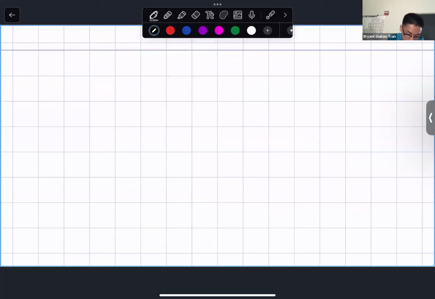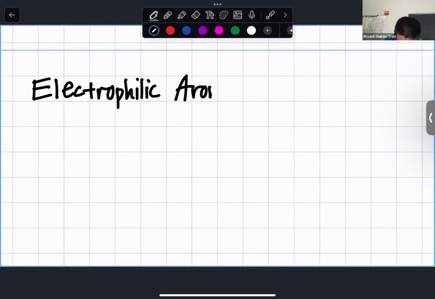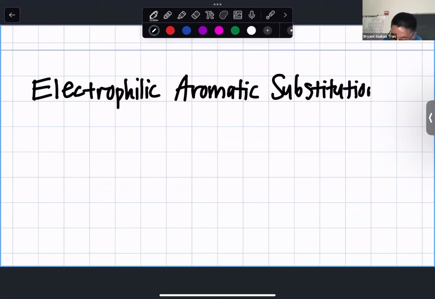So for new material, the common reaction that benzene does is electrophilic aromatic substitution. You could abbreviate that as EAS.